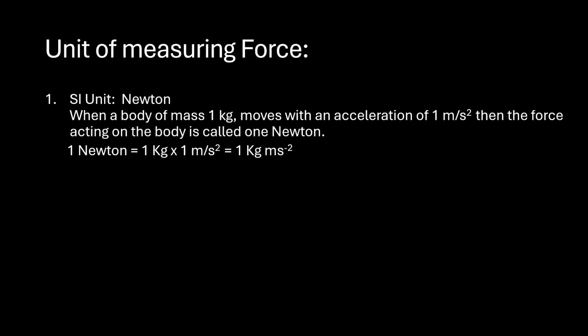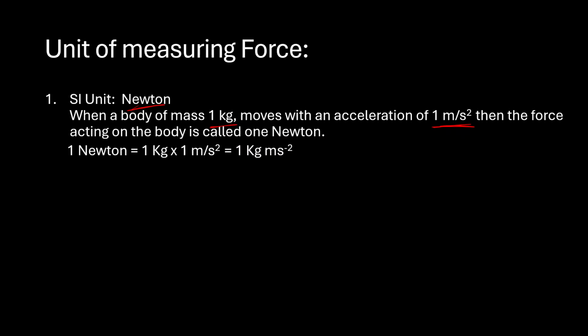Now we will understand the unit of measuring force, right? The SI unit of force is Newton. What is 1 Newton? 1 Newton is basically a quantity of force which can be applied on 1 kg of any body, and which gives 1 meter per second square acceleration to that body.